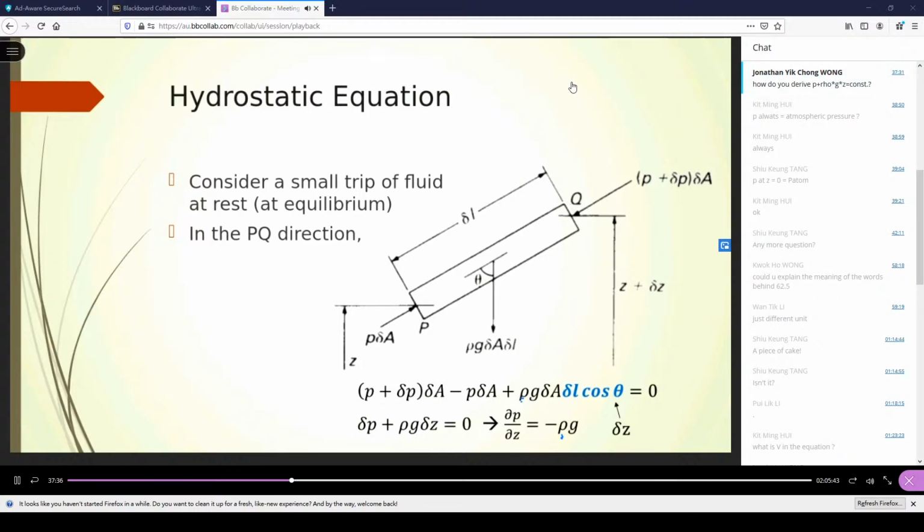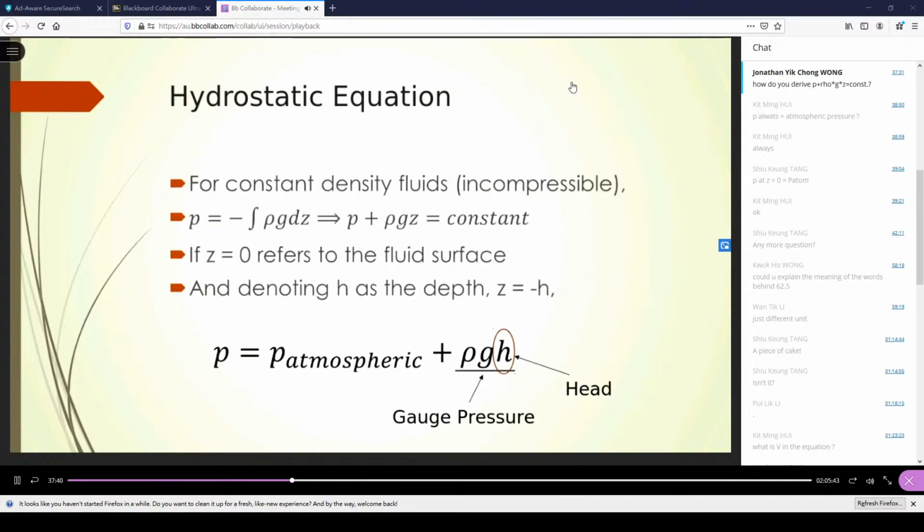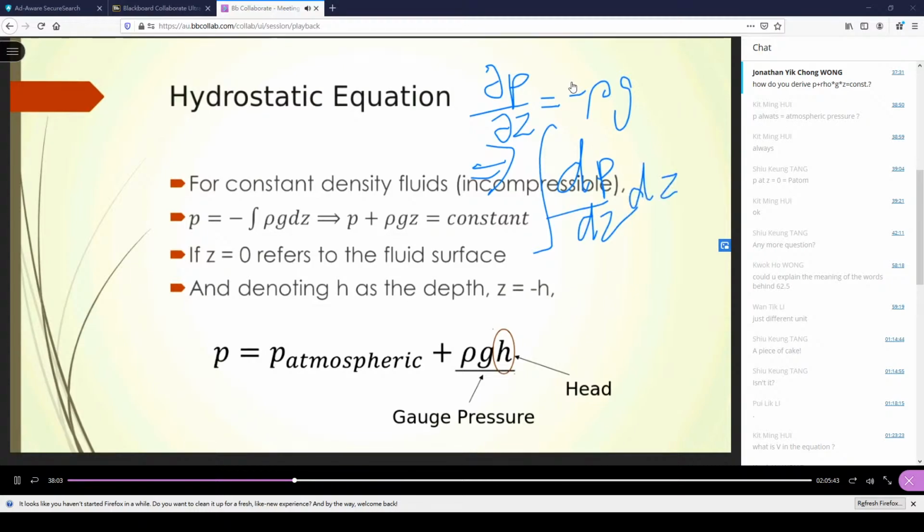How do you derive P plus rho gh equal constant? We based it on our hydrostatic equation on the screen. This is what we have from the last slide, right? So this equation can be written as, if you integrate dP/dz dz, you get your equation.